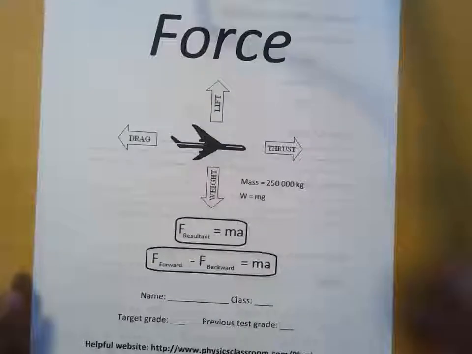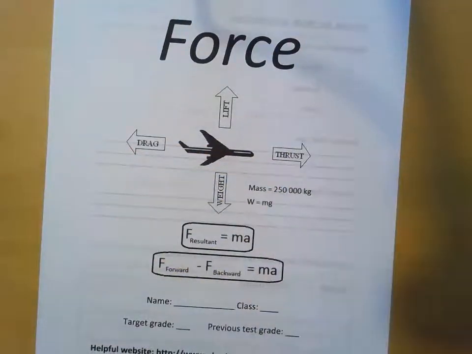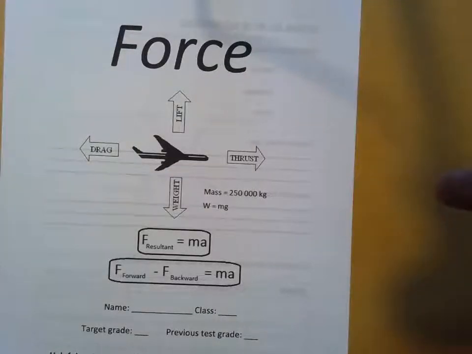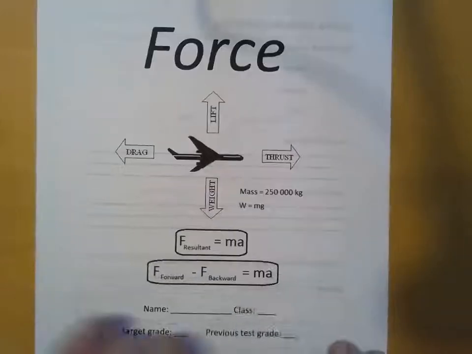Okay. The force of gravity that makes objects fall. The force of friction. So when you push something, the force of friction acts to stop you pushing it. We have the force of buoyancy, the upthrust that you feel when you're floating in water, and so on and so forth.